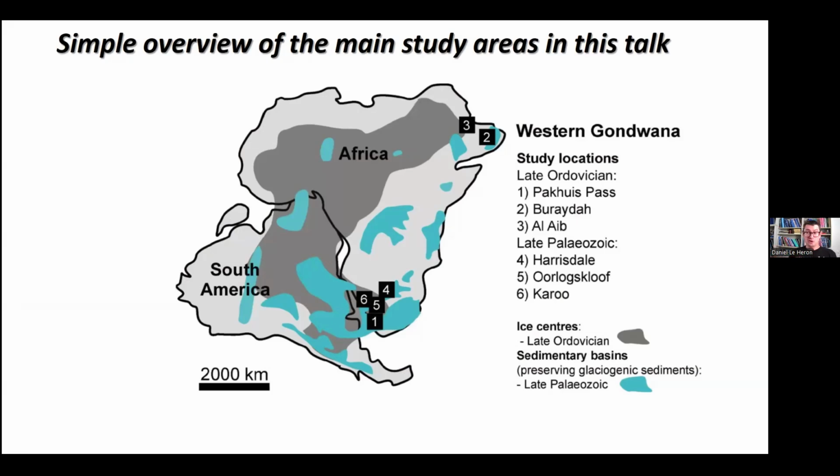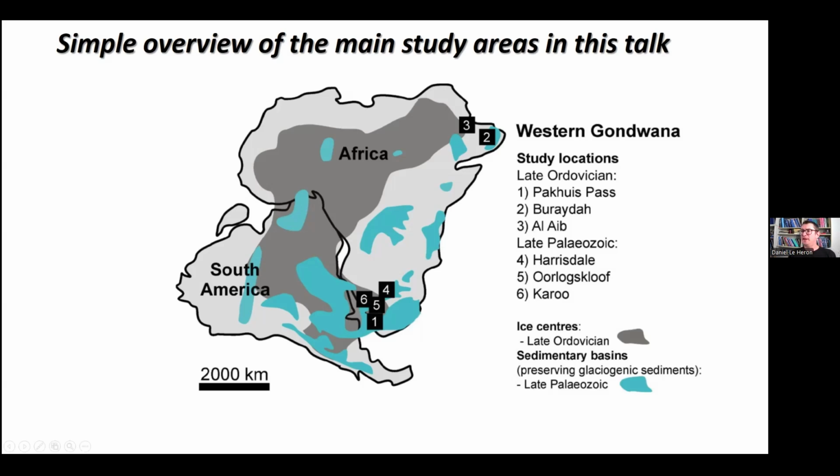And some of them were produced during the glaciation of Gondwana during the late Ordovician, and others were produced at a later stage during the late Paleozoic. Late Ordovician examples about 443 million years old. The late Paleozoic examples about 300 million years old. And that's pretty well constrained for the sections we're looking at today.